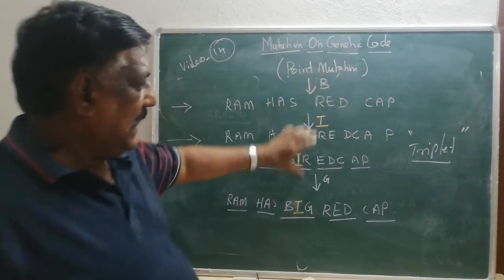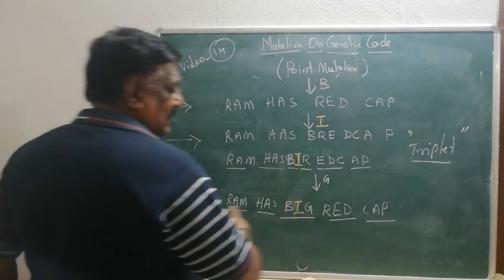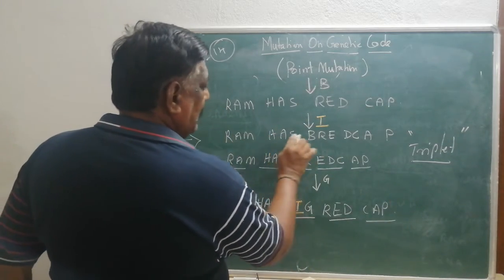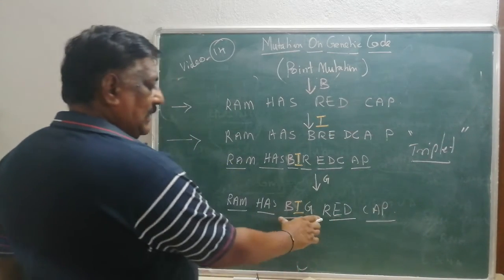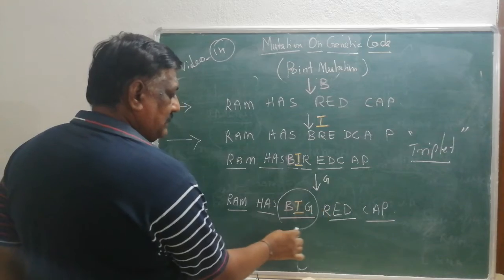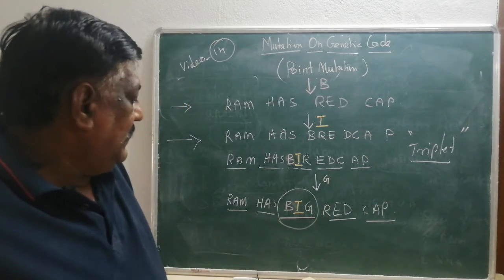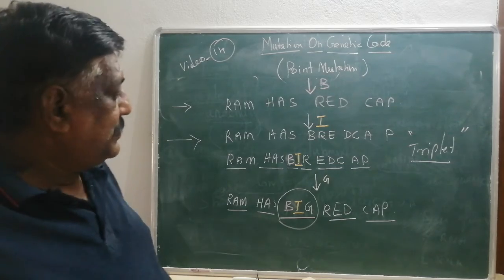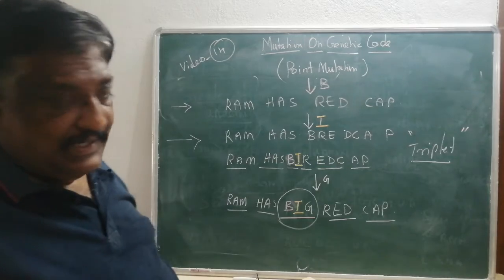So when the changes happen like this, the entire sentence, Ram has a red cap, now, because of mutation, has a completely different meaning. That makes a change in the production of an amino acid.